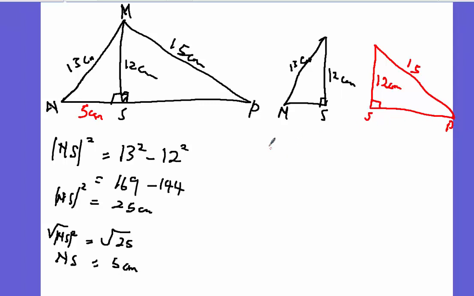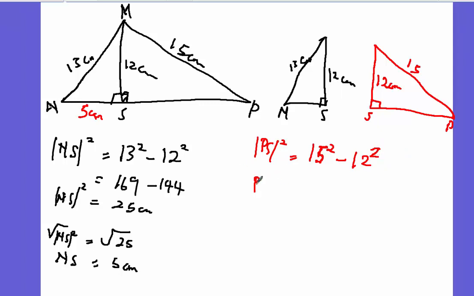Good. Using the same Pythagoras theorem, PS squared equal to the hypotenuse, which is 15. 15, of course, is the longest side, so is the hypotenuse, minus the adjacent or the opposite, that is 12 squared.